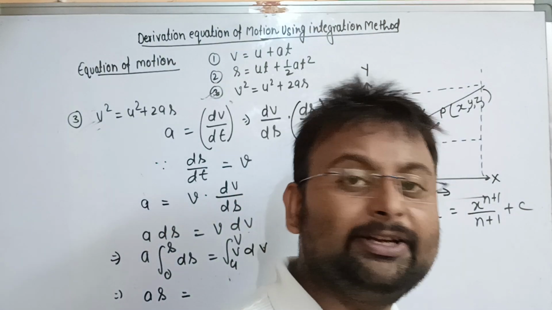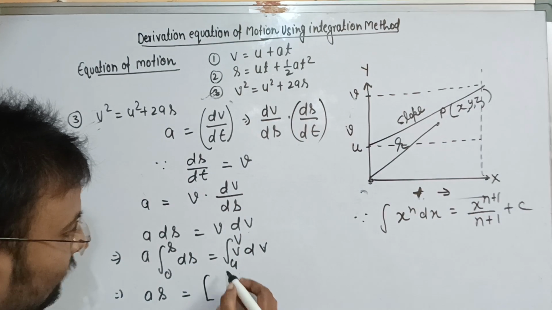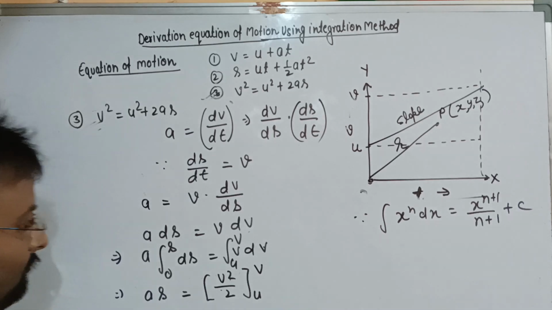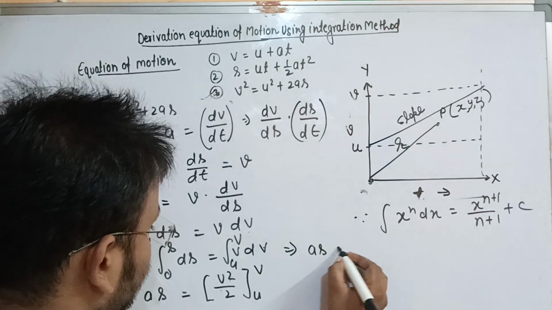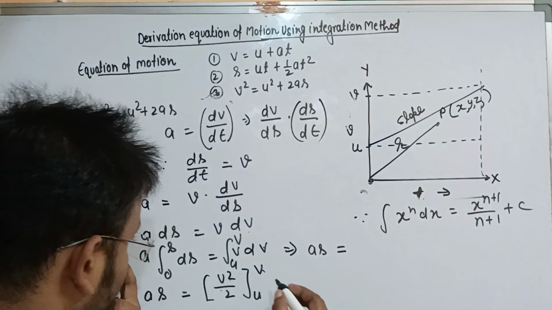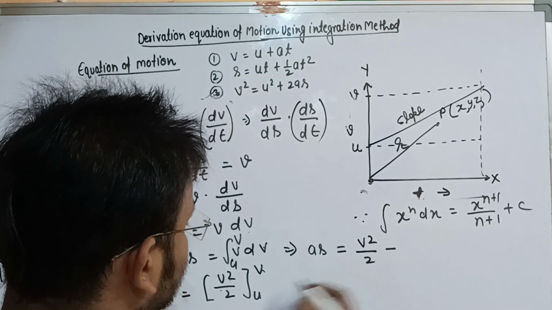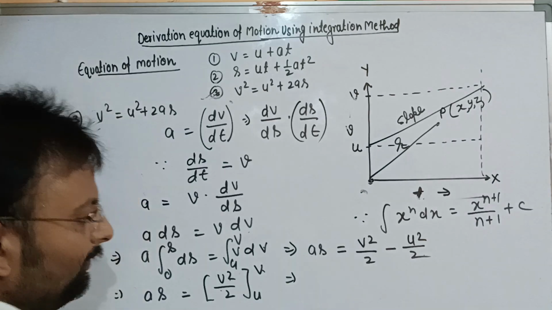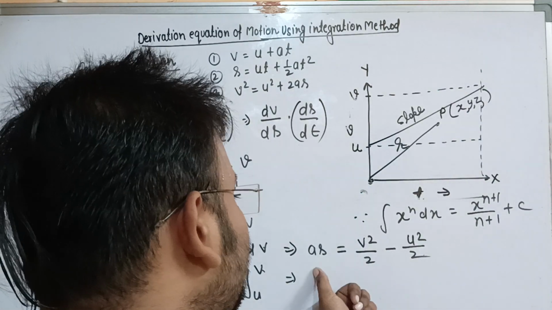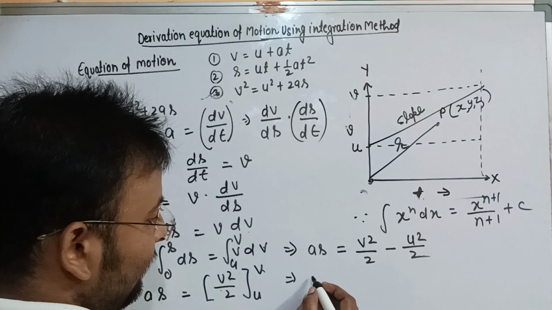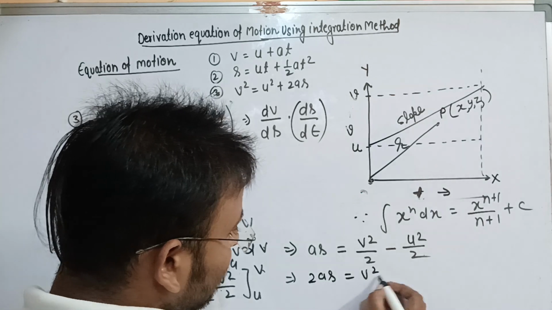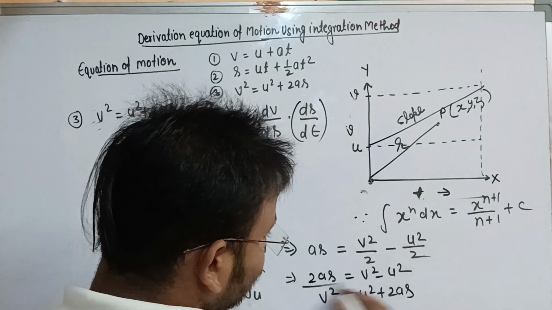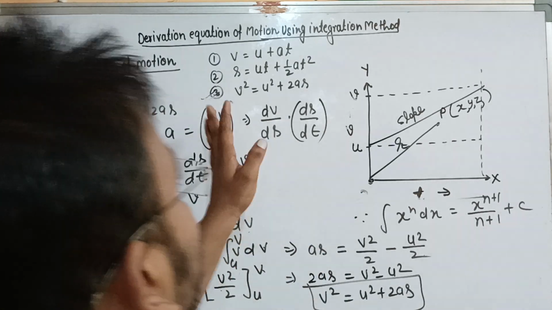That is the indefinite integral; this is the definite integral. Applying the limit u to v, we get v square by 2 upper limit minus u square by 2 lower limit. The denominators are the same, so 2as is equal to v square minus u square, then v square is equal to u square plus 2as. This is the third equation of motion.